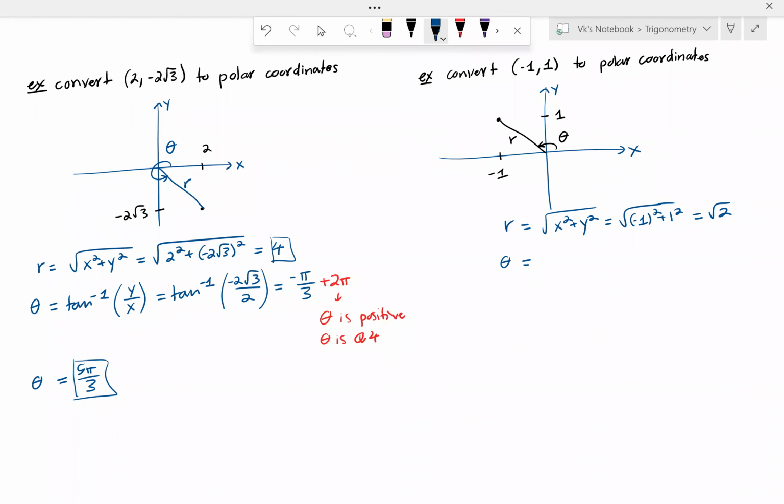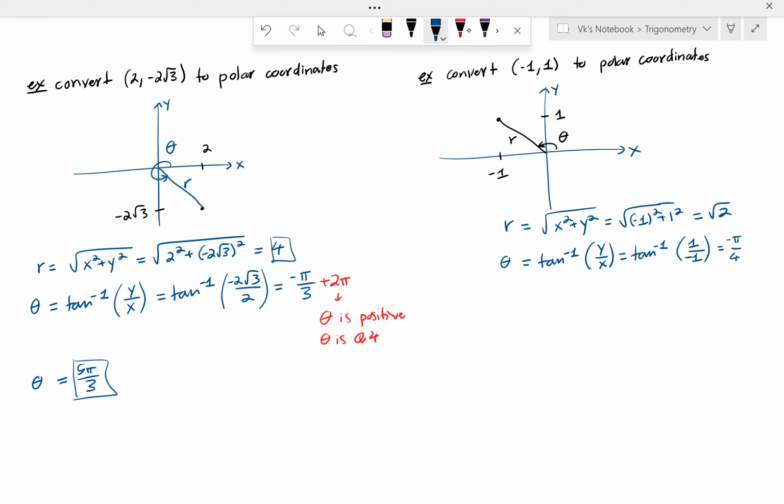The angle theta is arctangent of y over x, and that is arctangent of 1 over -1. In the calculator, it gives us -pi over 4.